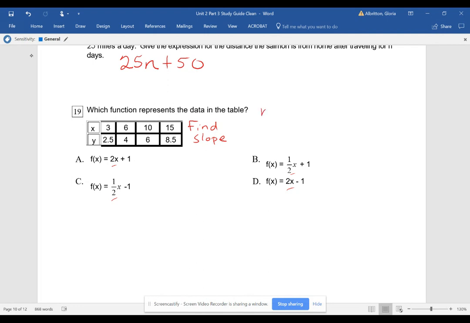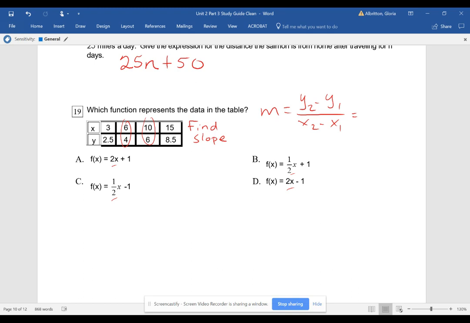How do we find slope? Slope formula. m is equal to y2 minus y1 over x2 minus x1. So we need to pick any 2 points that we want. Doesn't matter which 2. I'll pick these 2 because I like whole numbers. So that means I subtract the y's.